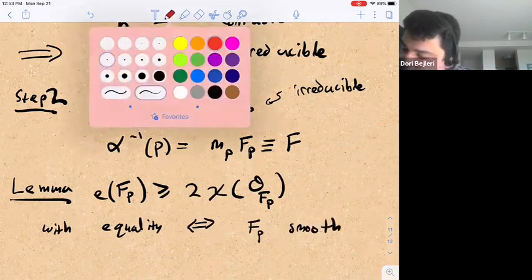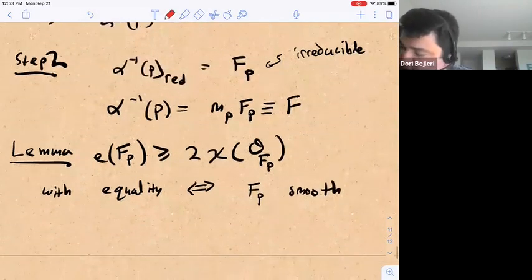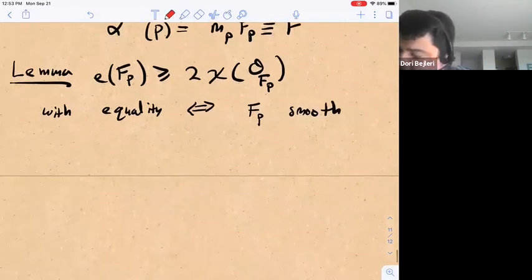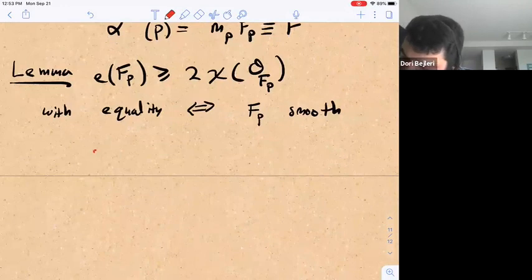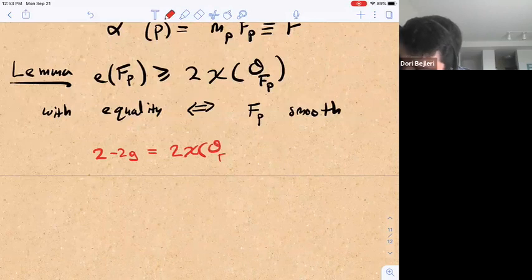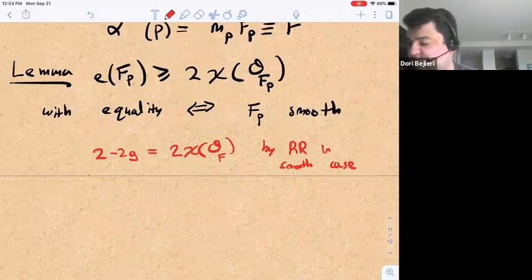So just to convince yourselves, when Fp is smooth, well, the topological Euler characteristic is 2 minus 2g, and that's the same as 2 times the Euler characteristic of O by Riemann-Roch in the smooth case. Or I guess Serre duality, really, but whatever.